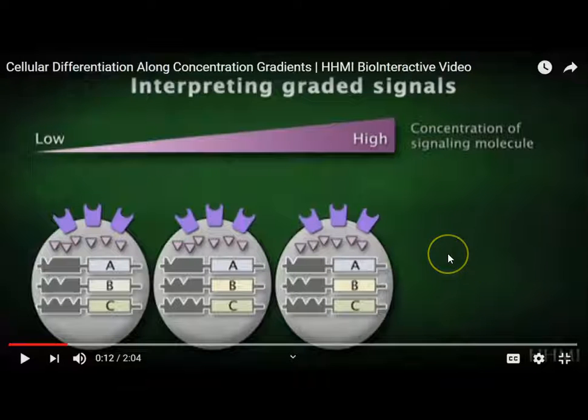So if I want to explain the video according to what we had in the previous slide, these signaling molecules that have been explained here are equal to those morphogens. So if you go back to the embryonic slide, you will see that the morphogens were responsible by the presence of the number of the morphogens or the high concentration of the morphogens.